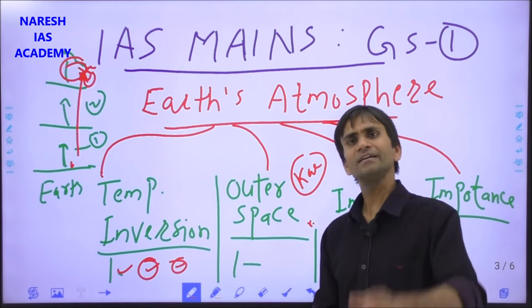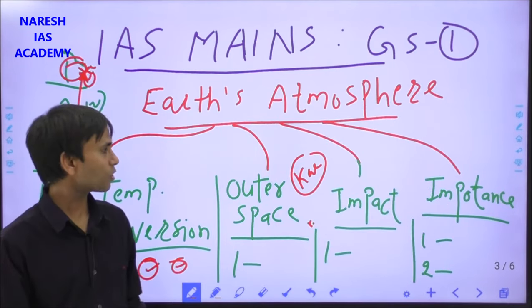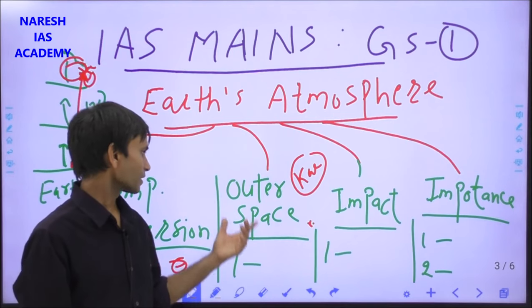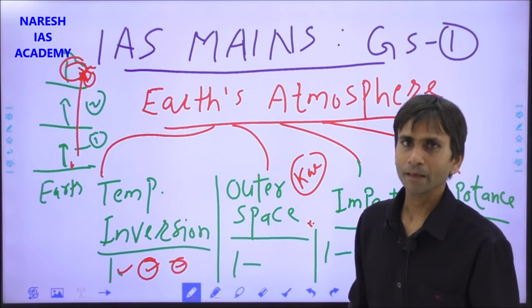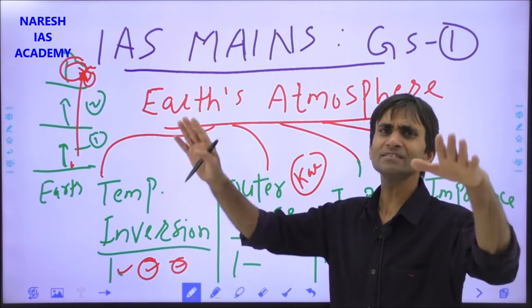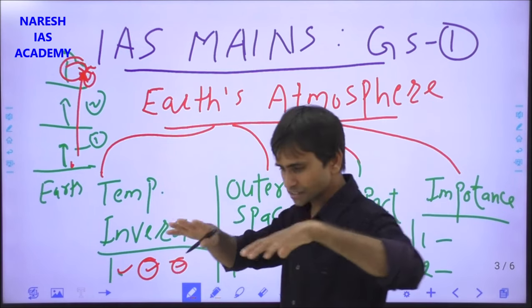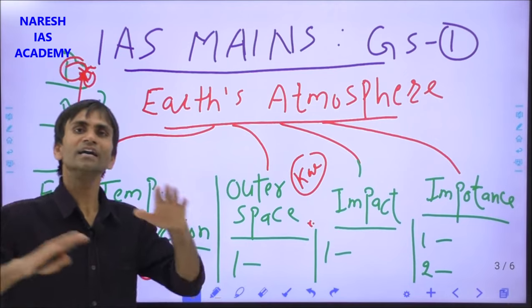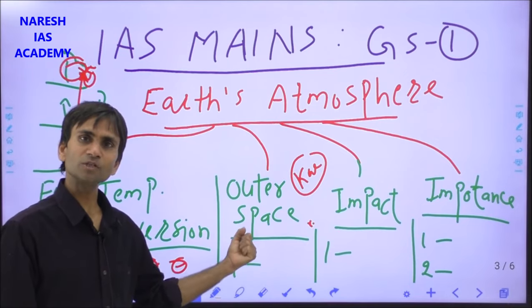So a treaty was made in 1967, called the Outer Space Treaty. Definitely, the Outer Space Treaty has minimized the competition or power struggle between America, Russia, China and other countries. So this is an important aspect of Earth's atmosphere.